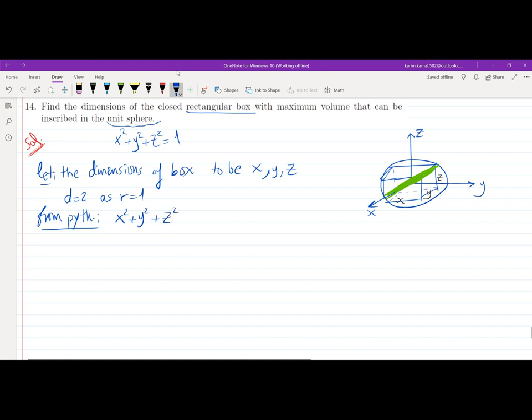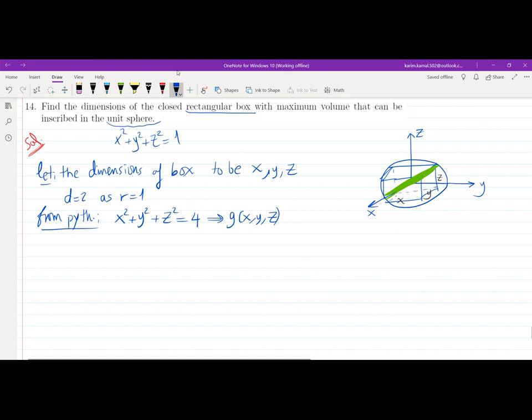And this is our constraint, g of x, y, and z. And we have to know the volume of the box.